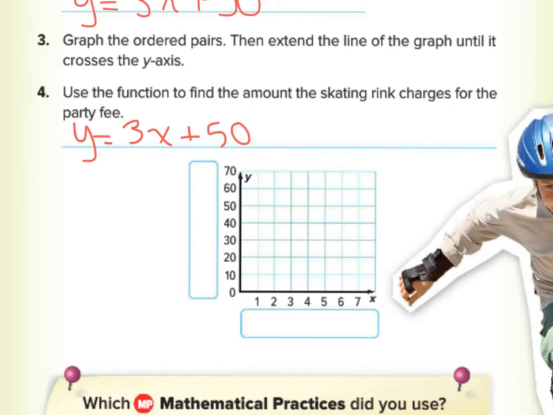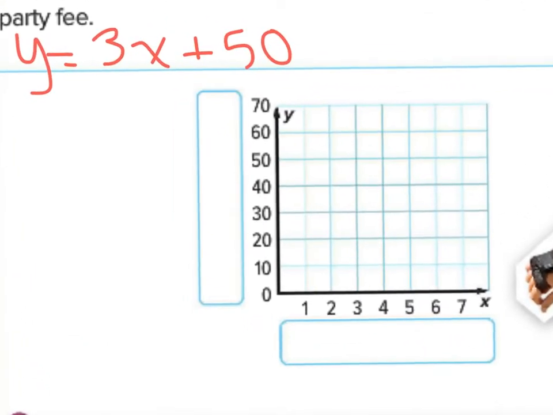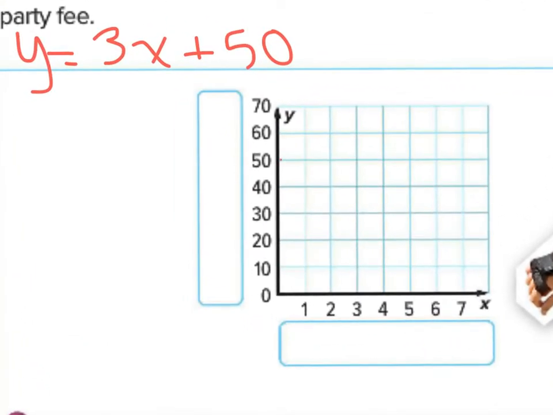So my first point will be right there at the 50 mark. And then for every person, it only goes up by 3. So that's where I start with 50, and then for one person, it's only going to go up by 3, about 1/3 of the way up between 50 and 60.